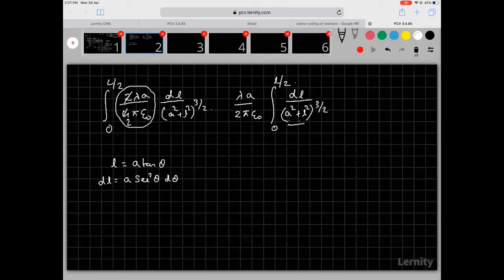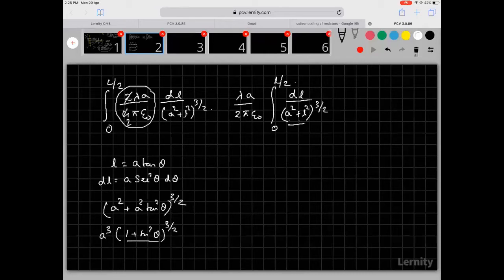Then what will this denominator be equal to? It will become a squared plus a squared tan squared theta, whole power 3 upon 2. So I can take a outside, it will become a cube times 1 plus tan squared theta to the power 3 by 2. So 1 plus tan squared is secant squared. Secant squared theta to the power 3 by 2 will become secant cube theta.